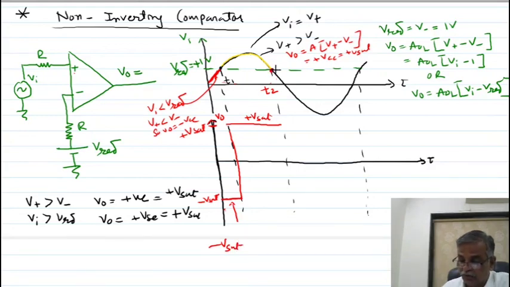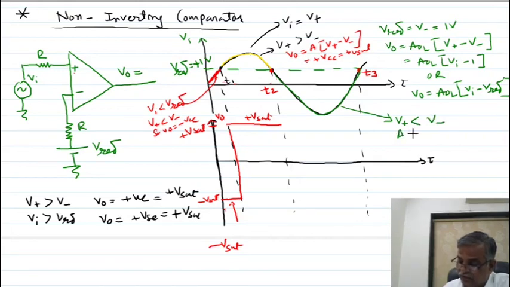Again after T2, up to T3, during this time my V plus is less than V minus.